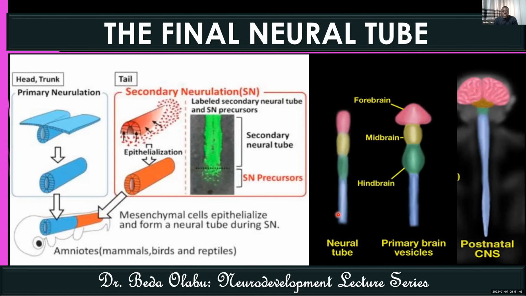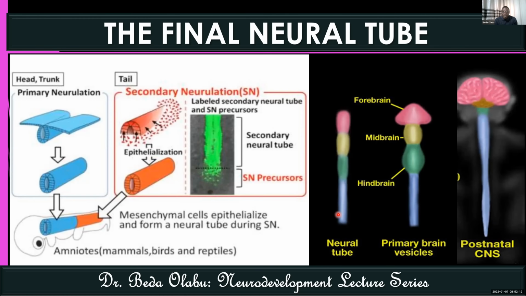That is to tell you that the whole brain is from primary neurotube. And so even though neurulation was both from primary and secondary neurulation, with regard to development of the brain, we'll just be focusing on the primary neurotube and will not be talking about the secondary neurotube. So perhaps that's the last time I'm talking about the secondary neurotube.